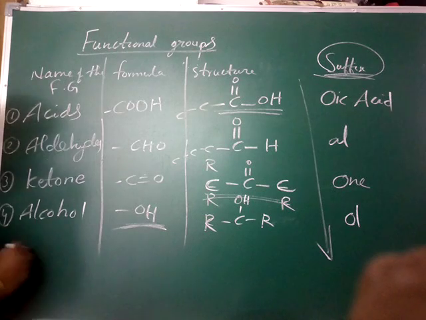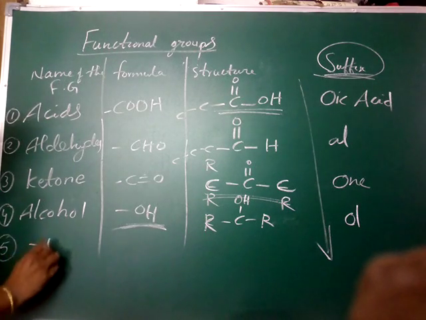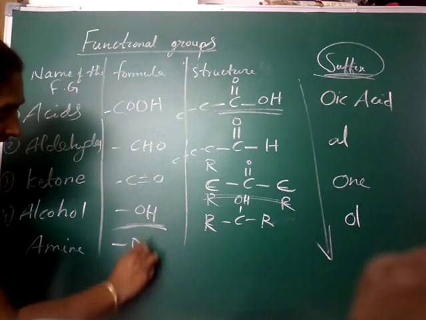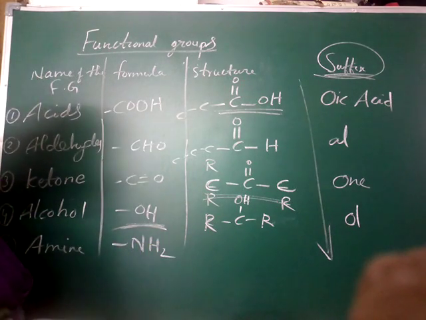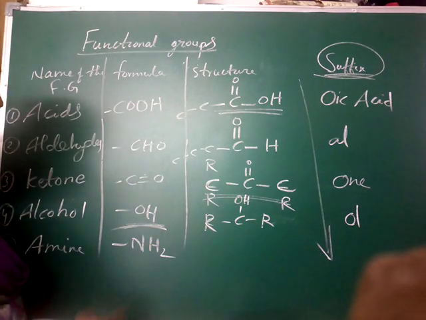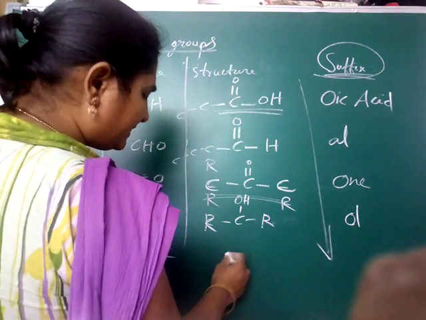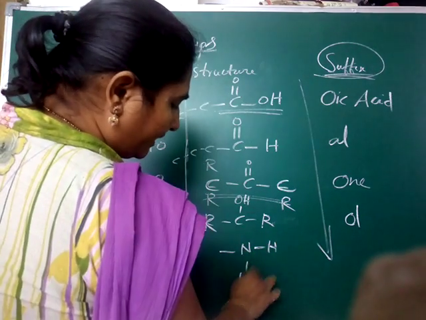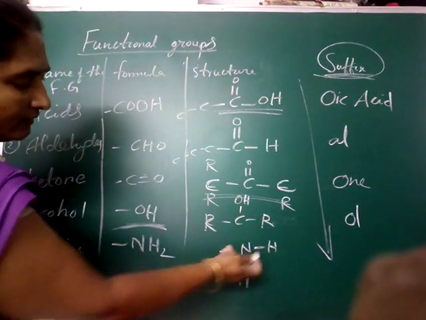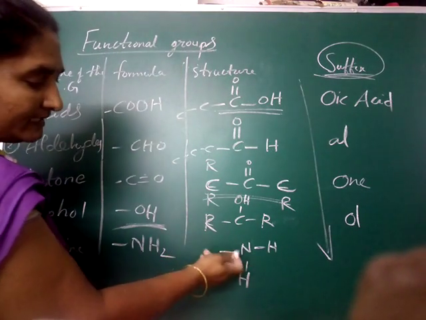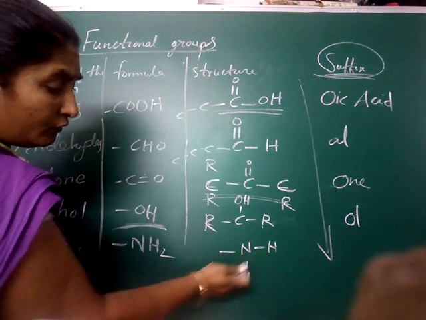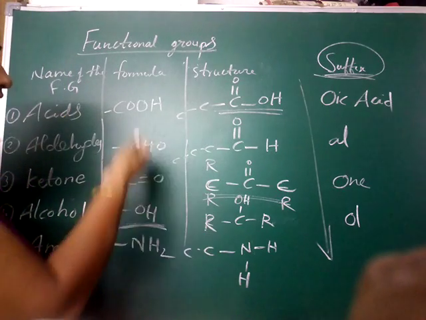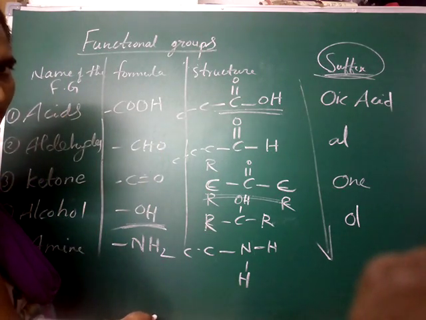The last and final one is the amine. Amine is NH2, the amines group. Here maybe write it like this: three bonds are present around the nitrogen. Two bonds are with hydrogen and the remaining bond is with carbon, because you are writing the functional group in organic compounds.